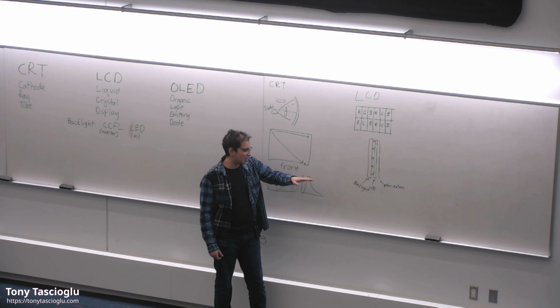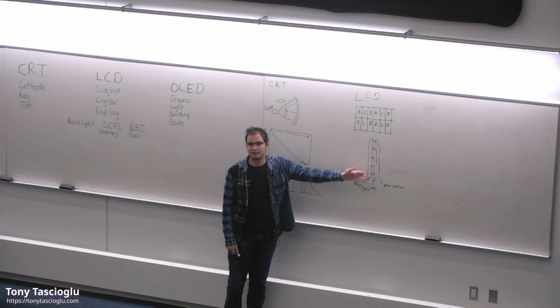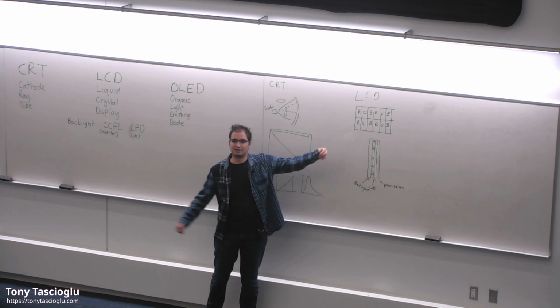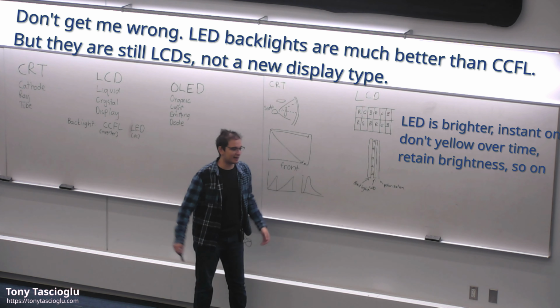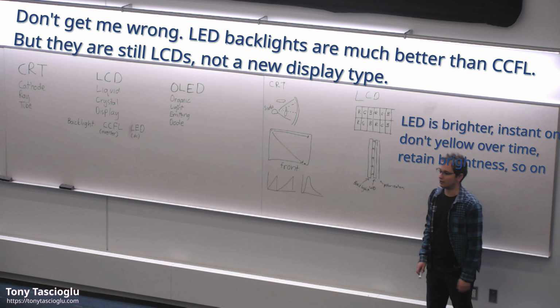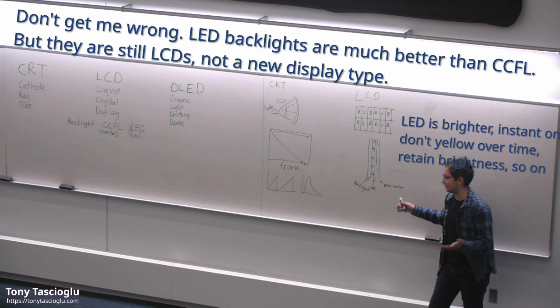The only thing that's changing is instead of using fluorescent tubes in order to light the liquid crystals, we're now using LEDs. So think like LED strips, basically put that along a pane of glass in order to diffuse it, and that's how LED displays work. Again, this is something that has been very confusing in marketing over the years, but it's the same fundamental technology, just instead of using fluorescents, we're using LEDs in order to provide a backlighting source.